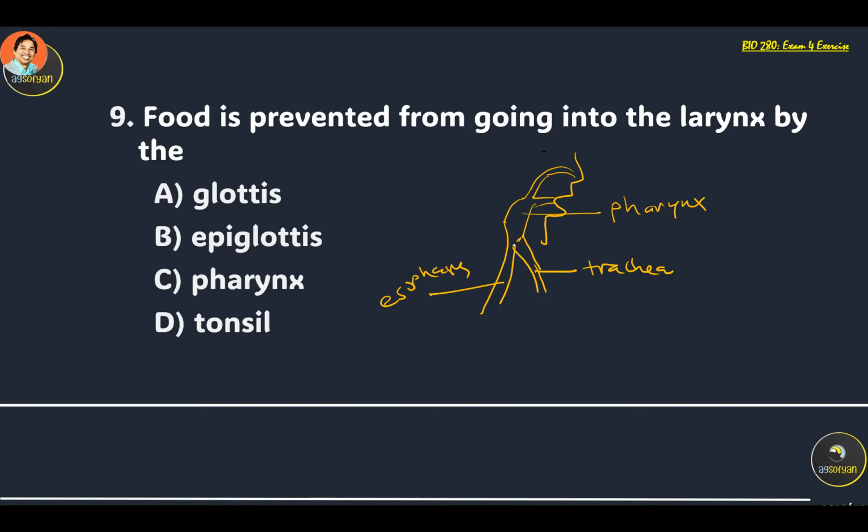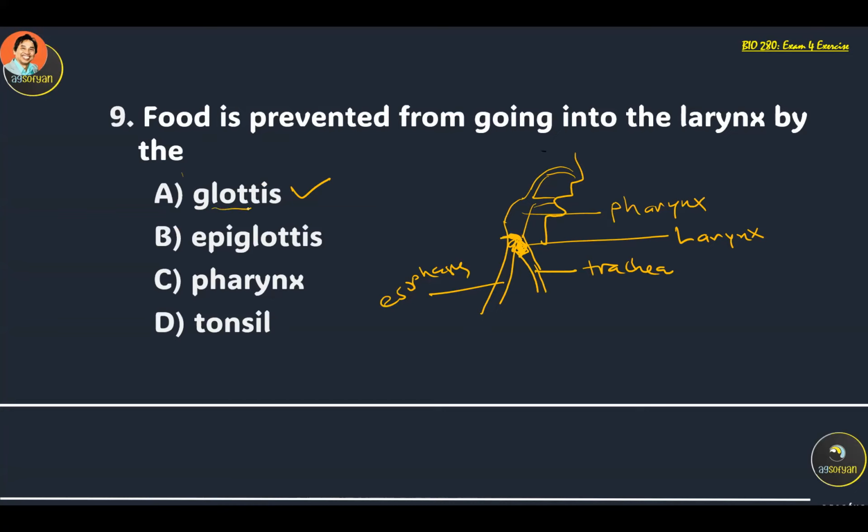And then go to the lungs. Now, there is an area between the pharynx and the trachea and esophagus called larynx. So larynx has several parts. The opening of larynx is called glottis. And then there is a gate or a structure that actually closes the glottis.